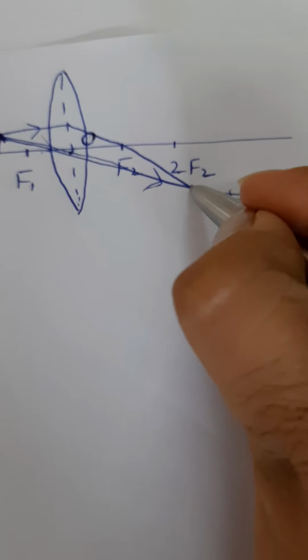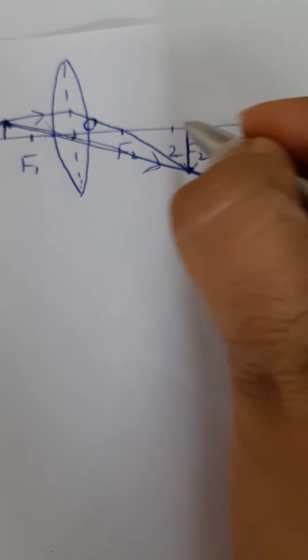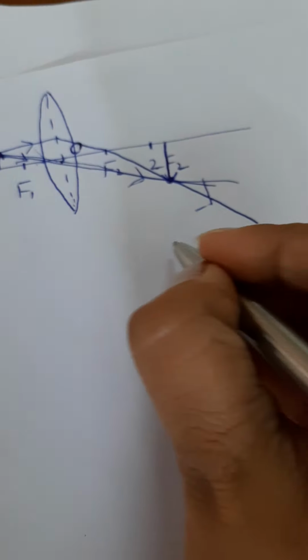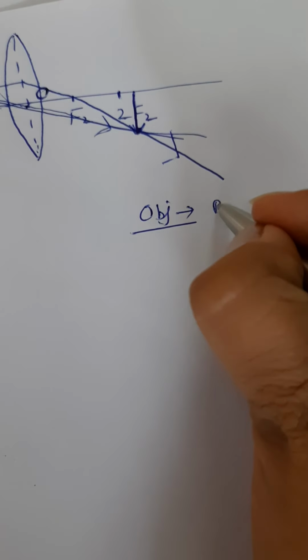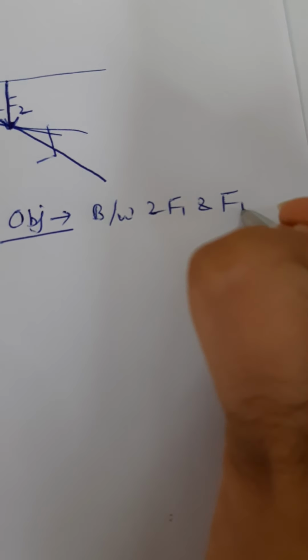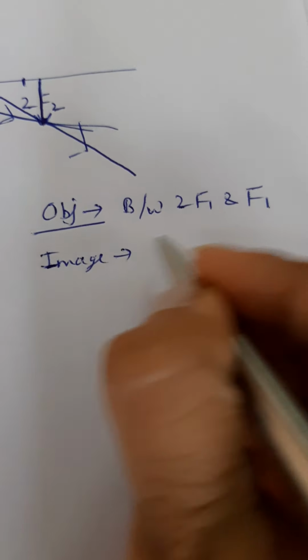Wherever they are meeting, that is beyond 2F2. So what is the position here? This is the incident ray. The object is between 2F1 and F1.